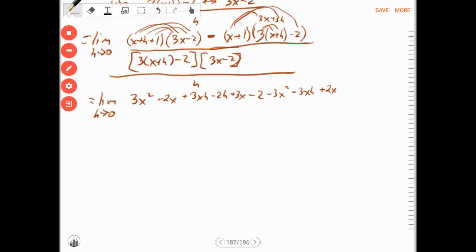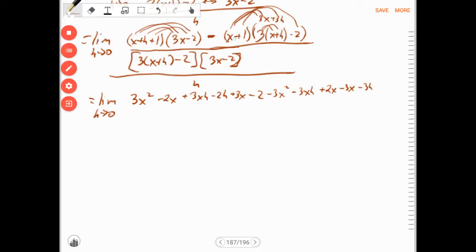Then the plus 1 is going to distribute to all three parts as well, and that's going to be a negative as well. So negative times positive 1 is negative 1 times 3x, so that's going to be negative 3x. And we're going to get negative times 3h, so that's going to be minus 3h.